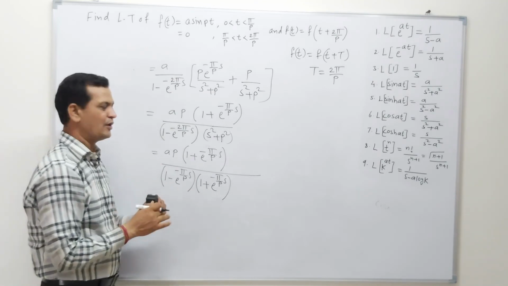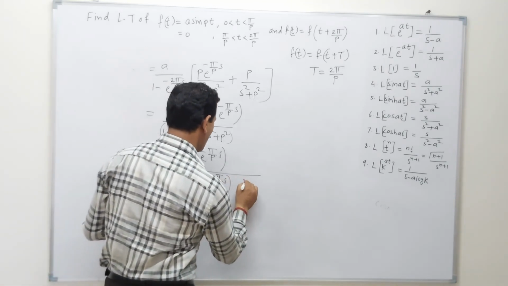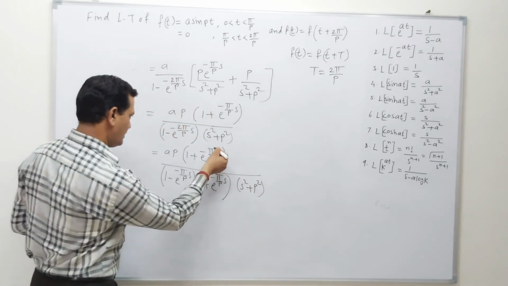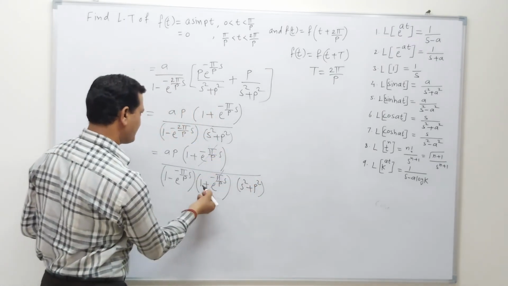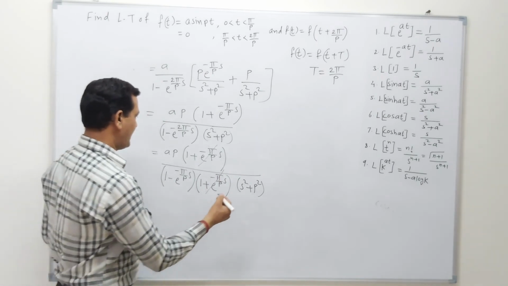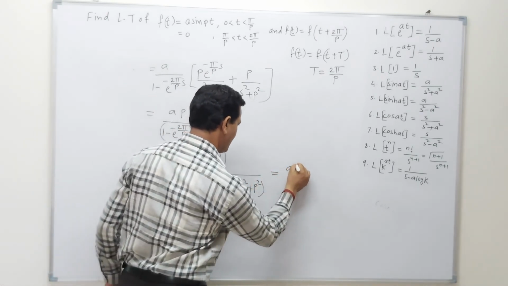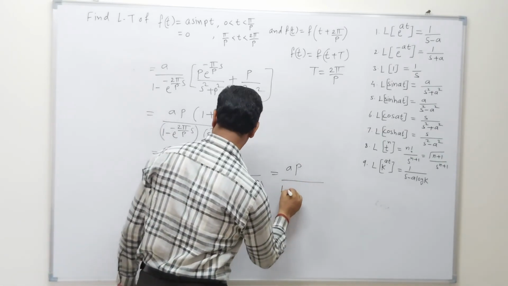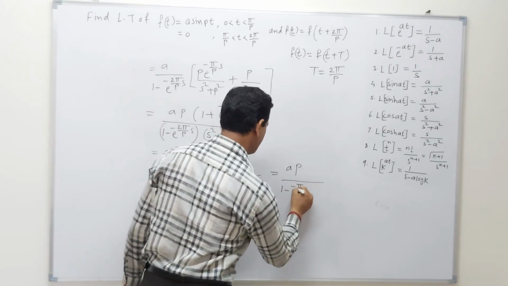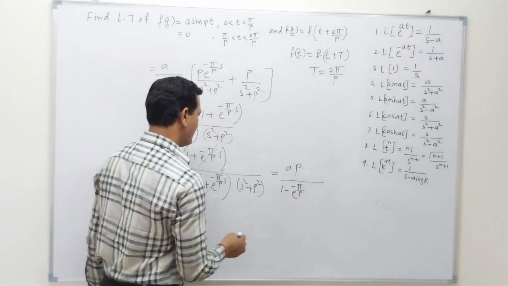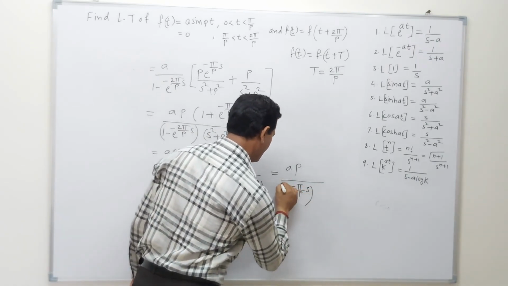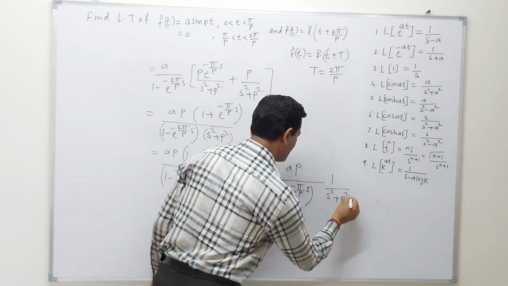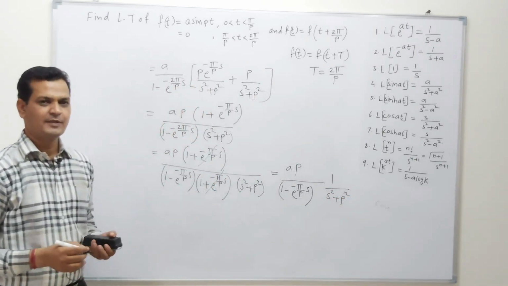This is just an adjustment of the term into s square plus p square as it is, so that this plus term and this plus term will get cancelled, and the final answer to this question is ap upon 1 minus e raised to minus pi upon p into s, into 1 upon s square plus p square. So now this is the final answer of this question.